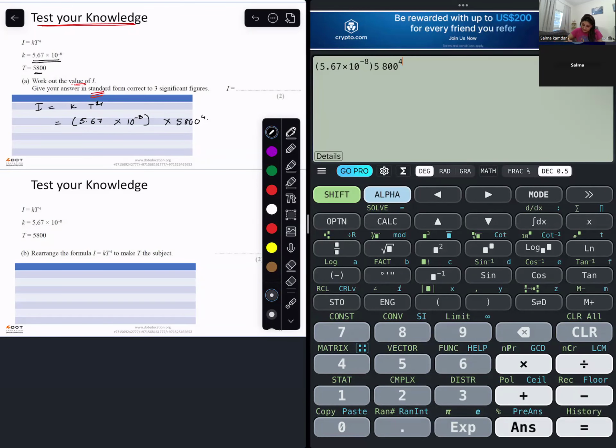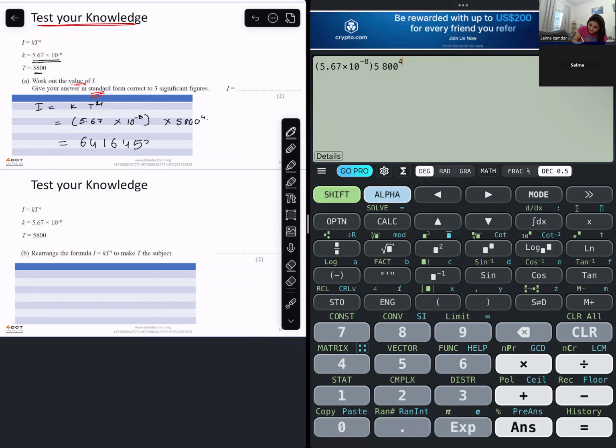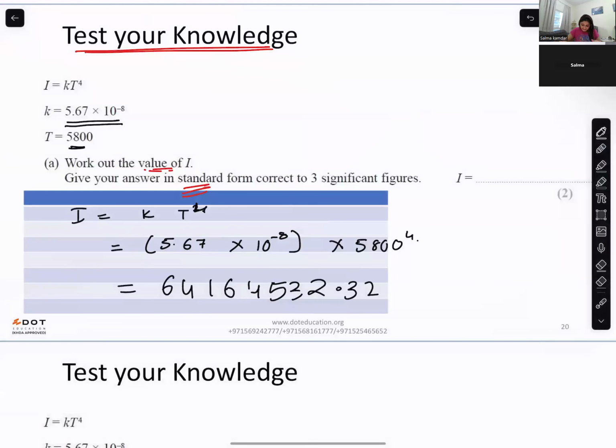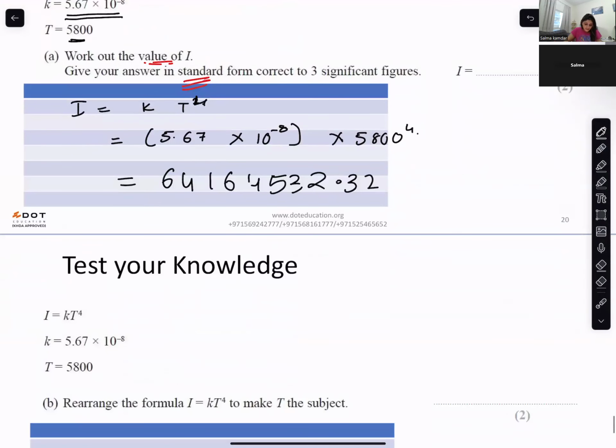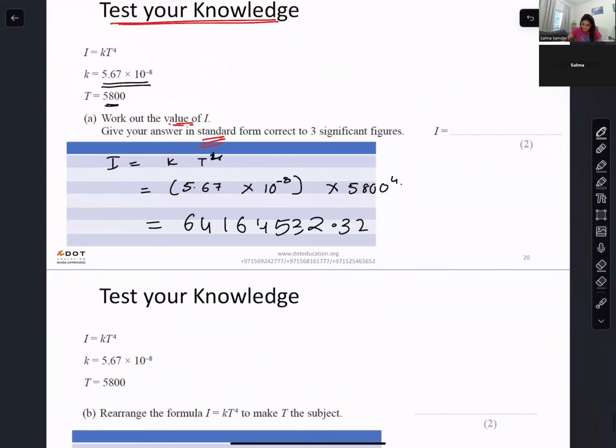Now, when you put this on the calculator, you get the answer as 64164532.32. I've shown the calculator to you on the right. You get this answer and you want to put this in the standard form.